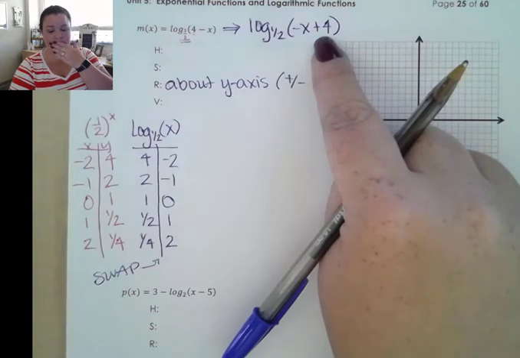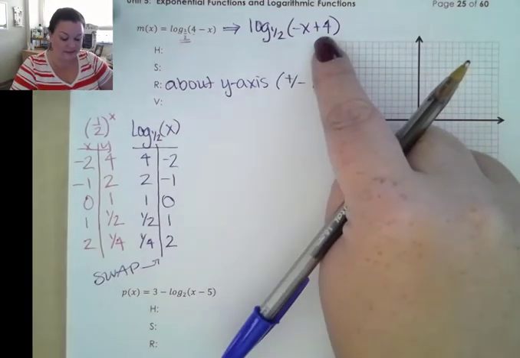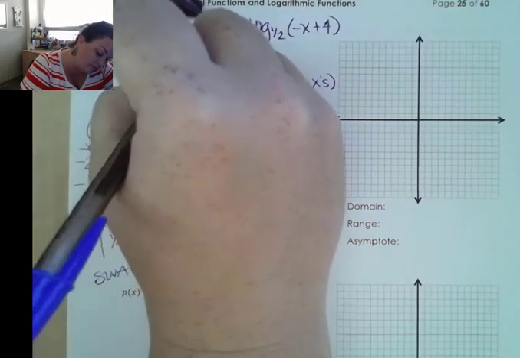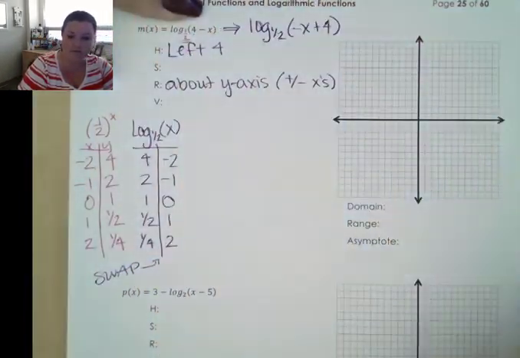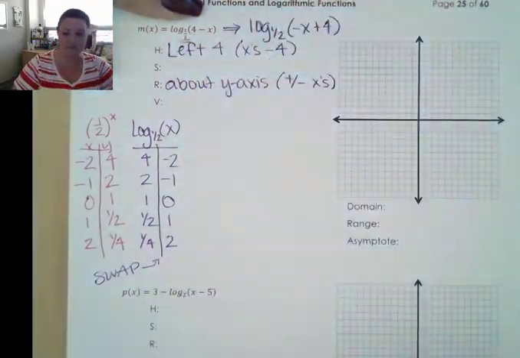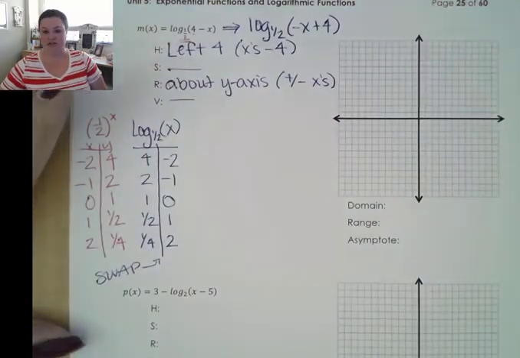And inside means we're talking about x's. X's are backwards from what we would think. So that's going to move us horizontally left 4. So we're going to take our x's and subtract 4. So no stretching, no vertical shifts.